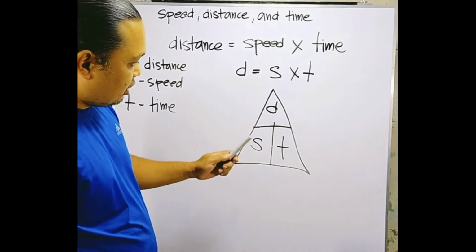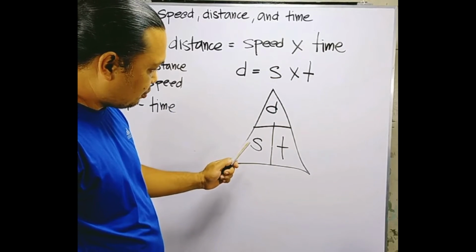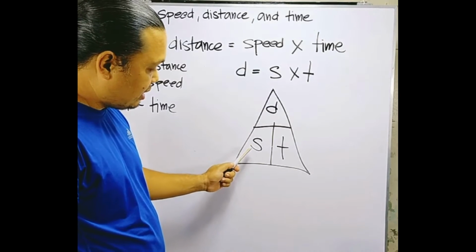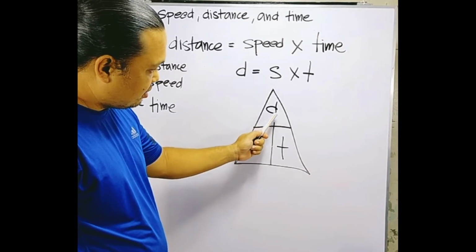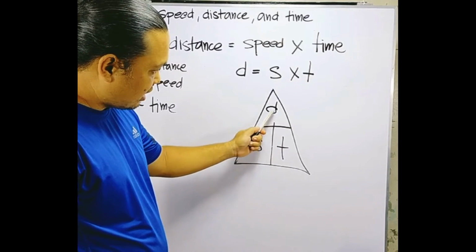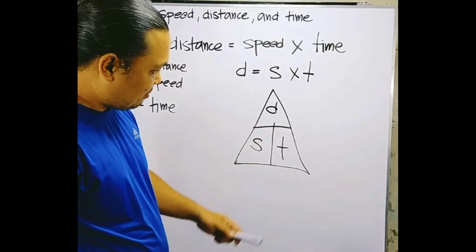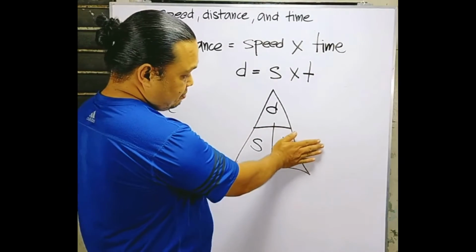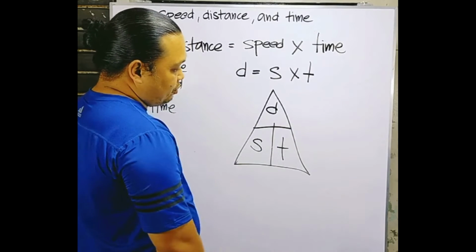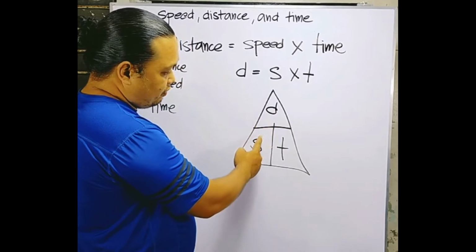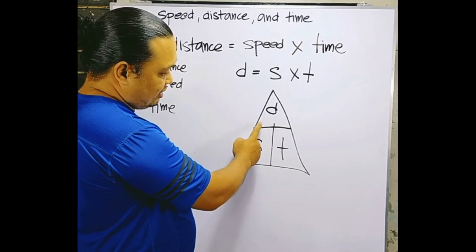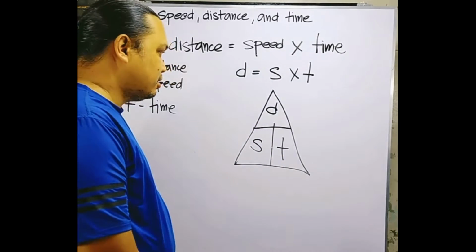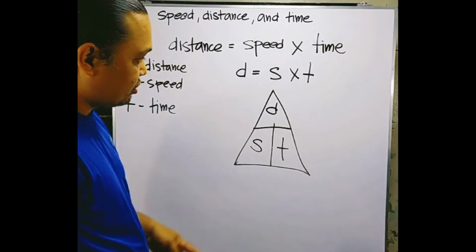If you're looking for speed, our formula will be d over t, or distance divided by time. If you're looking for t, our formula will be d over s, or distance divided by speed. That's where we can find the time.